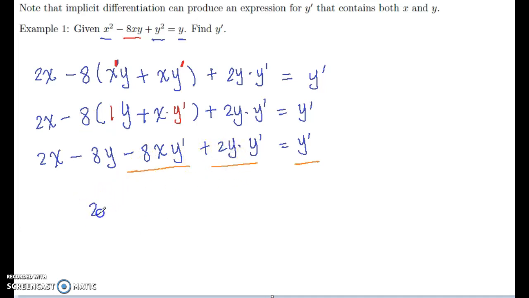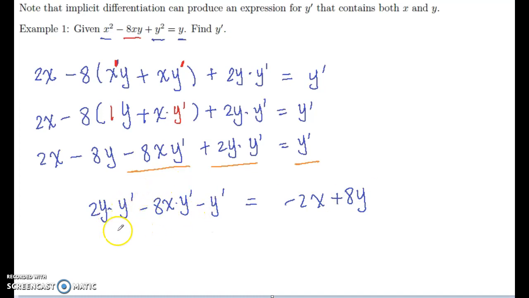Okay, so it's 2y times y prime minus 8x times y prime. We're going to switch the sign, so minus y prime equals. So all these terms move to the right. Every time we move terms, they change sign. So it's negative 2x plus 8y.